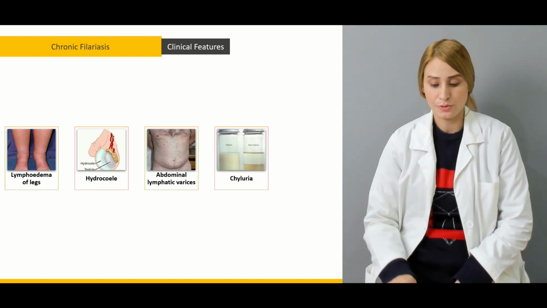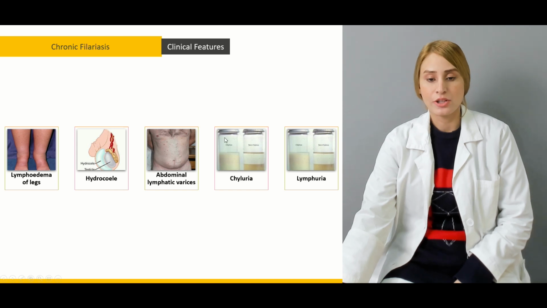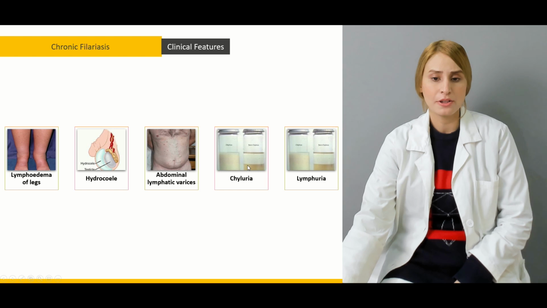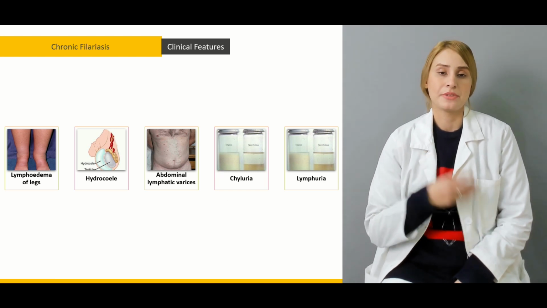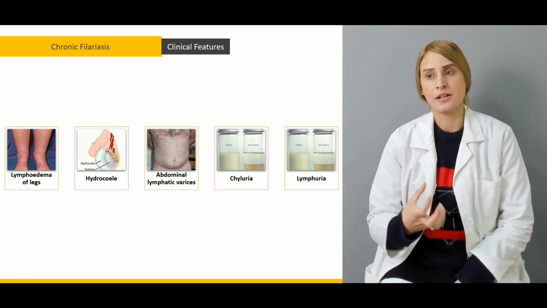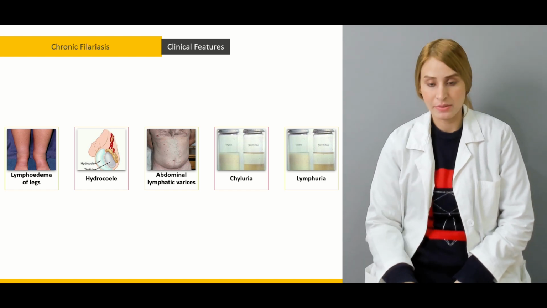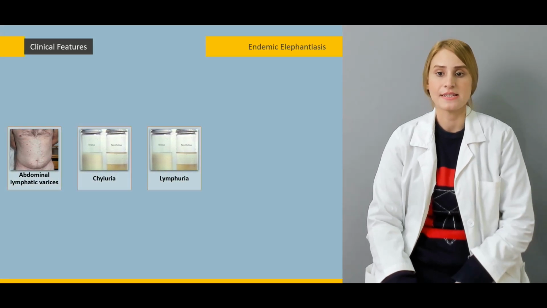There can be chyluria and lymphuria. Compared with normal urine, there would be whitish urine with a consistency containing lipids, and there can be lymphuria because of chronic filariasis.